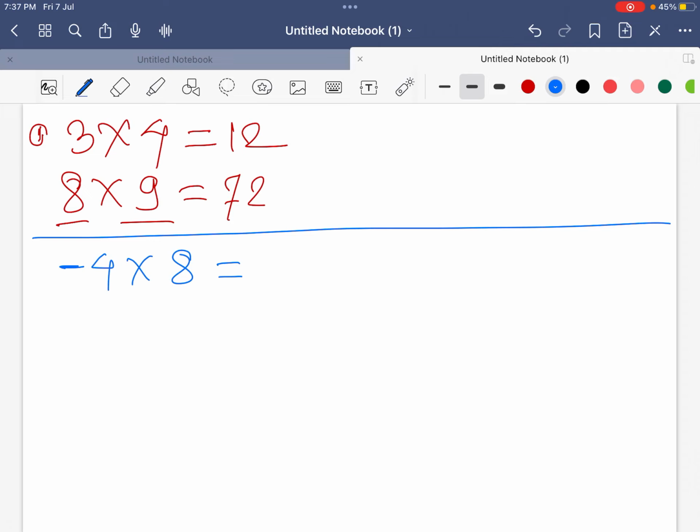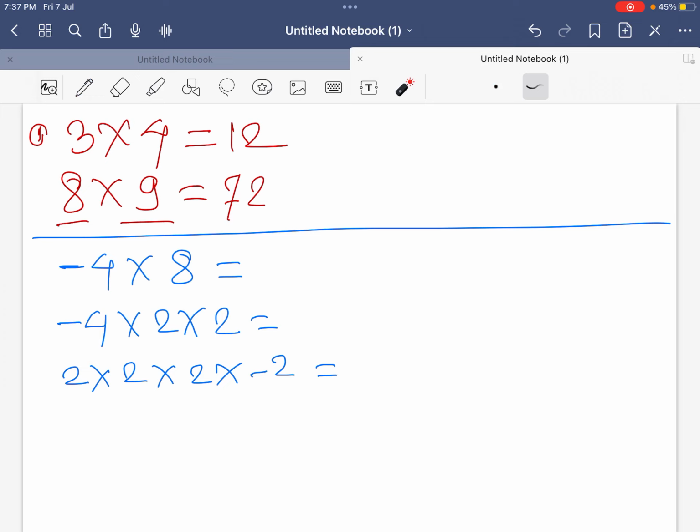Always keep in mind, out of that, suppose this is the first example, -4 into 8, and this is the second example, 2 multiplied by 2 multiplied by 2 multiplied by -2. Clear? So here one term is negative, and in the second example also one term is negative.